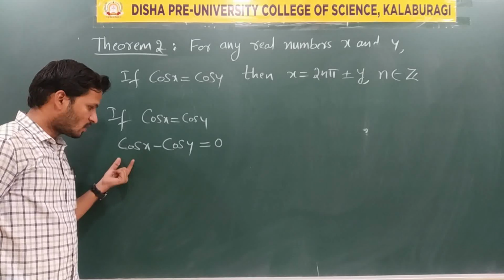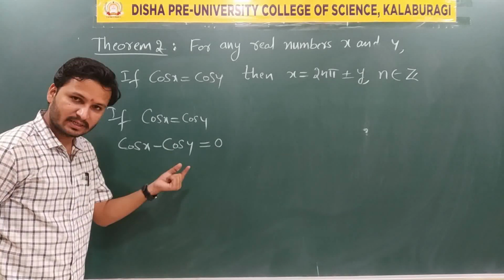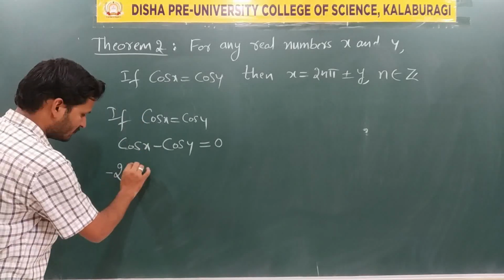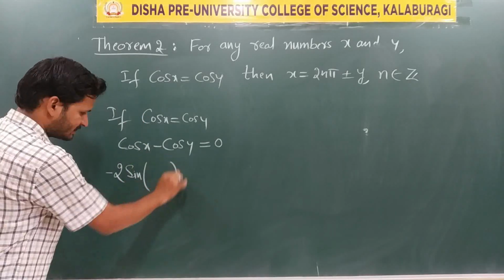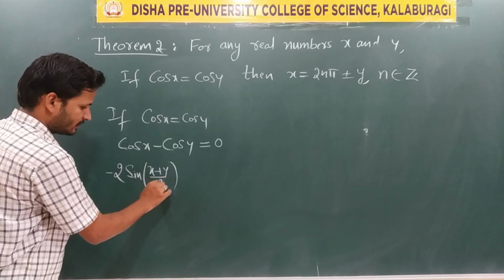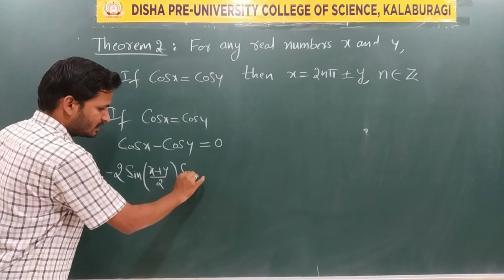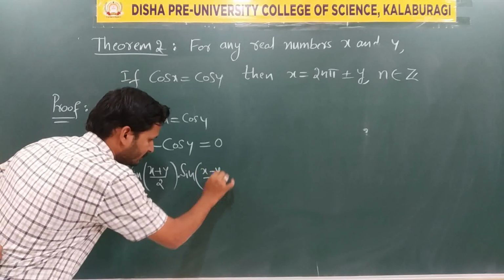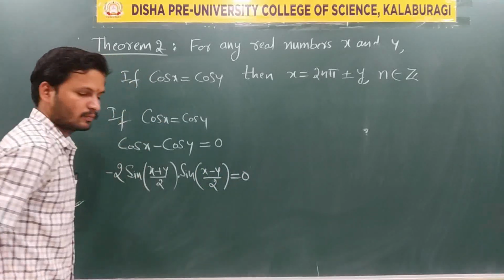Already you know cos c minus cos d is equal to minus 2 times sine of (c plus d) by 2, that is (x plus y) by 2, into sine of (c minus d) by 2, that is (x minus y) divided by 2, is equal to 0.